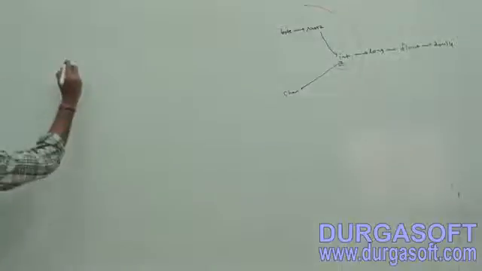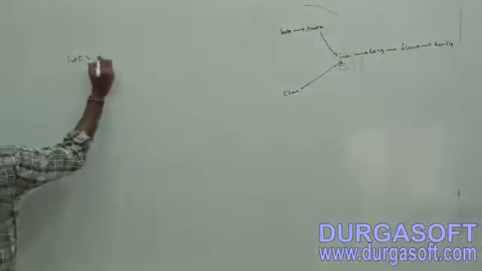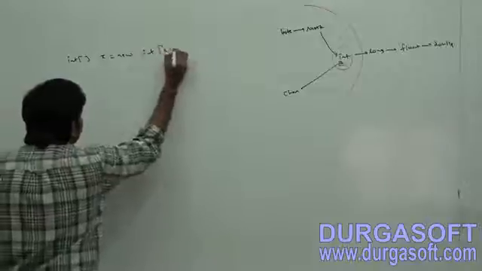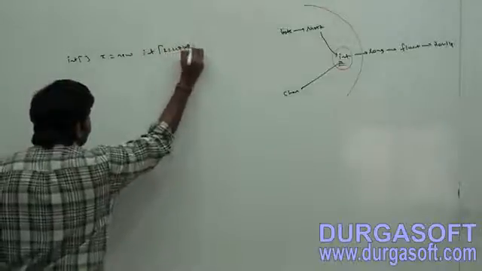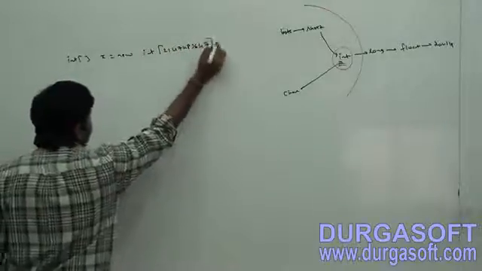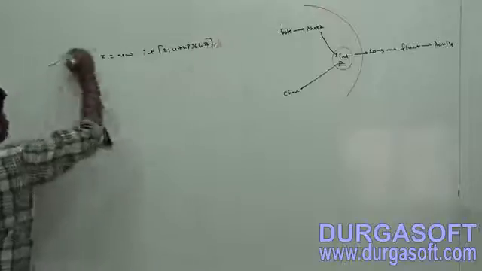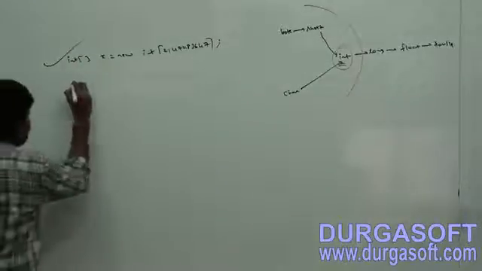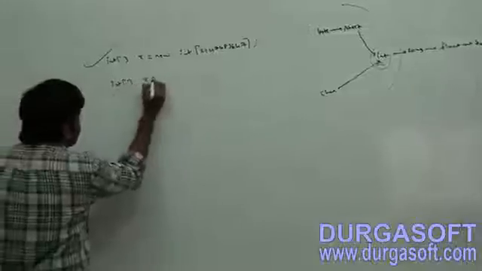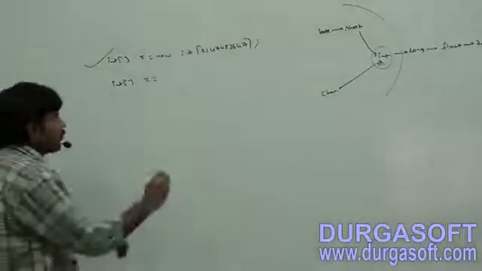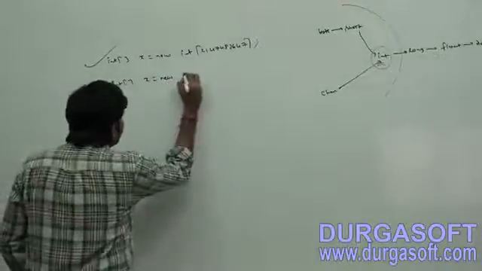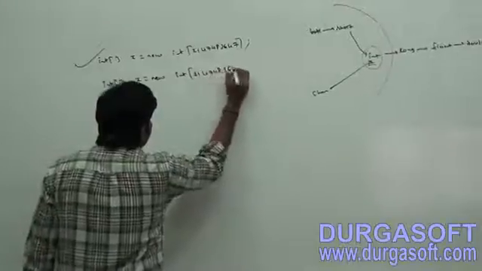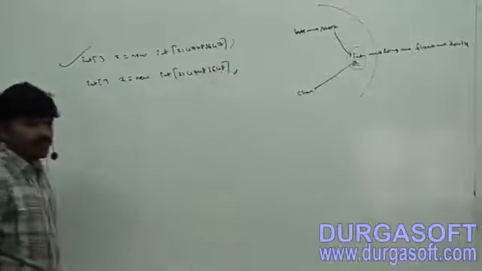If I take int array x is equal to new int array of 2147483647, it is perfectly allowed. Now int array x is equal to new int array of 2147483648.